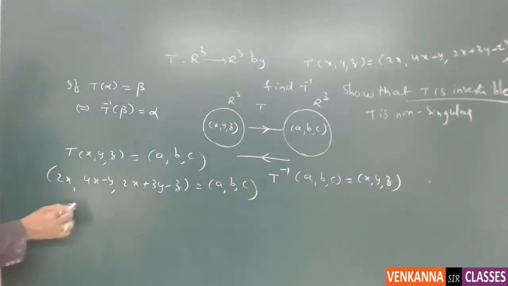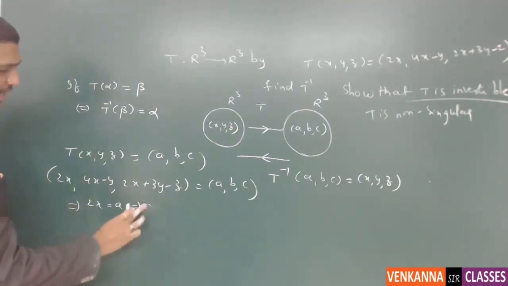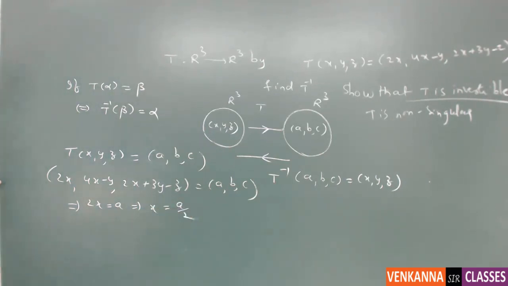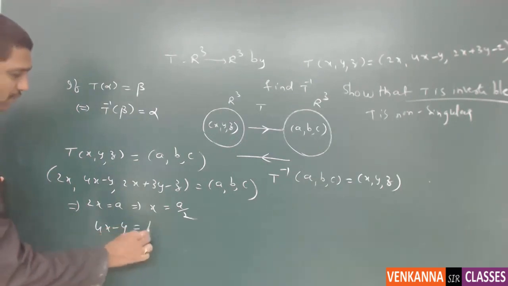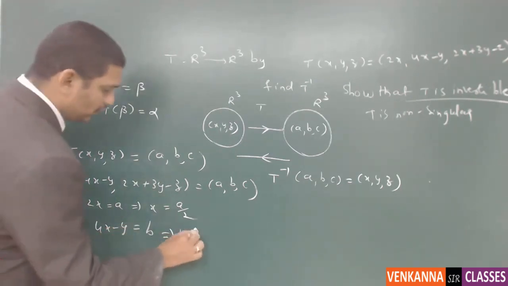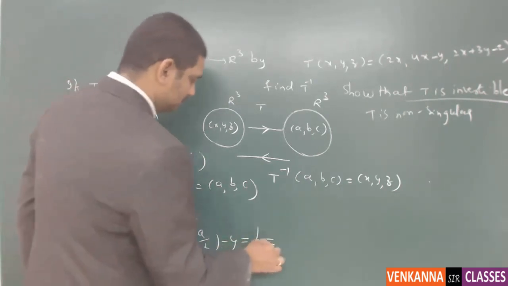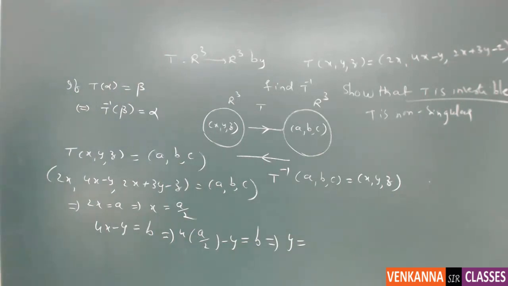So if you equate them, 2x is equal to a, which implies x equals a by 2. Now you have 4x minus y is equal to b, which implies 4 into a by 2 minus y is equal to b, which implies you get that y is equal to 2a minus b.